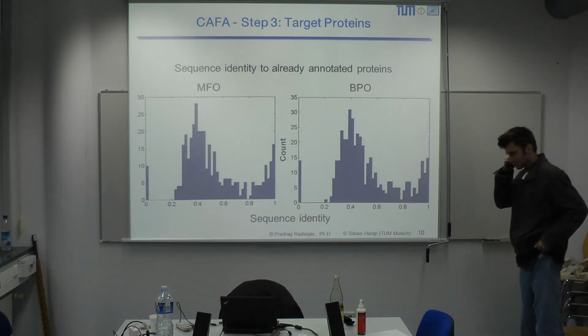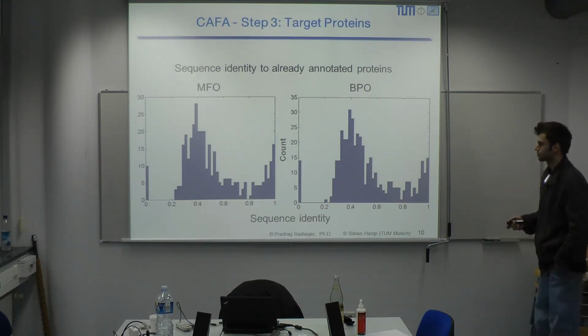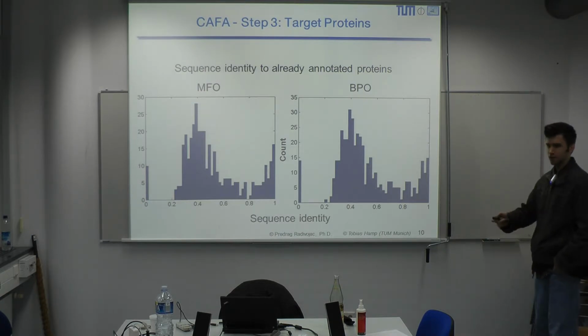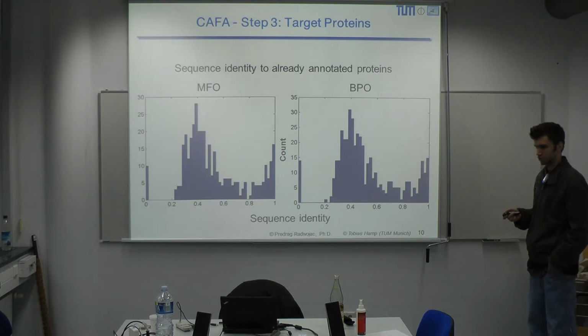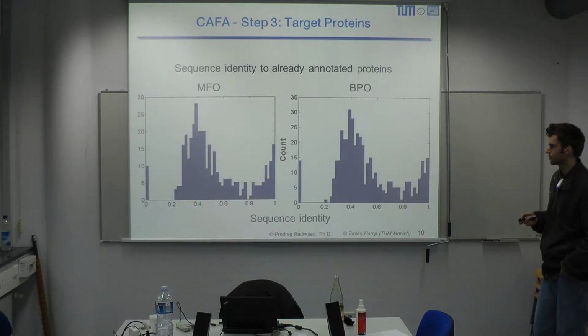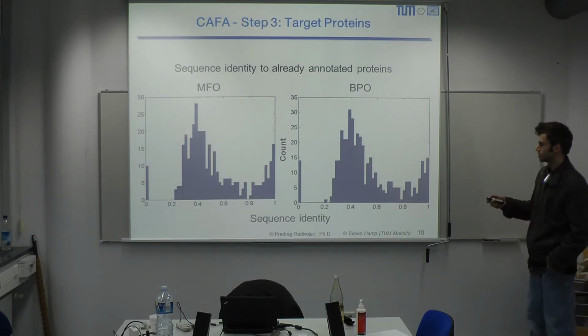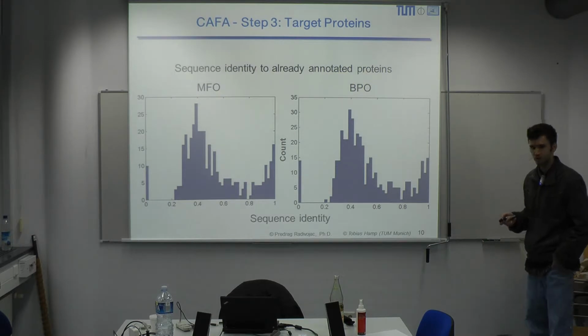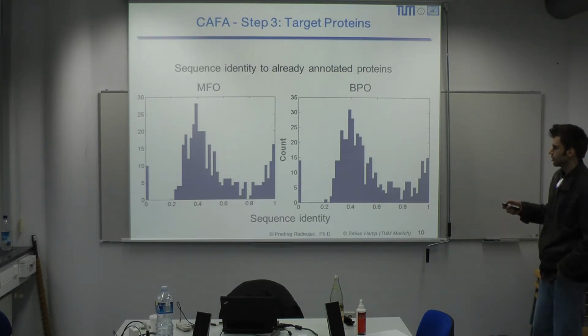So after we had developed the methods in the context of the exercises, there was this CAFA meeting. CAFA had targets, had us predict 50,000 targets, some of which then became annotated 4 months later. This is the sequence identity distribution of these targets to the ones that are already annotated.